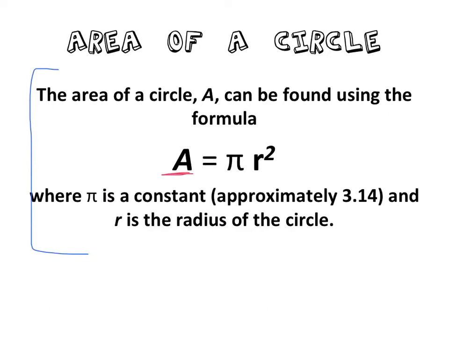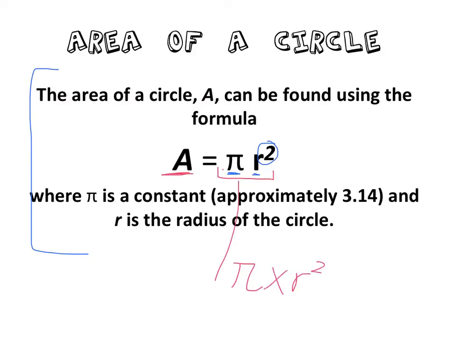Area equals pi r squared. Now, remember from last lesson, if we don't have any operators, another way of writing this is pi times r squared.